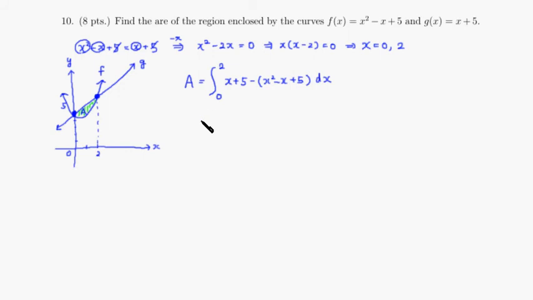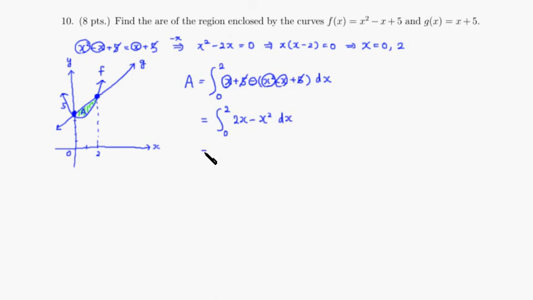All right, let's evaluate. Oh, actually, we have to simplify it first before we find the antiderivative. From 0 to 2, you have a 5 minus 5, cancel out. So you have x minus negative x would be 2x, then you have a minus x squared. So minus x squared dx.